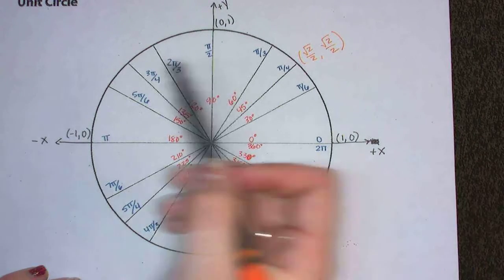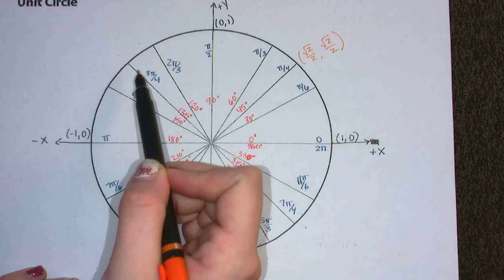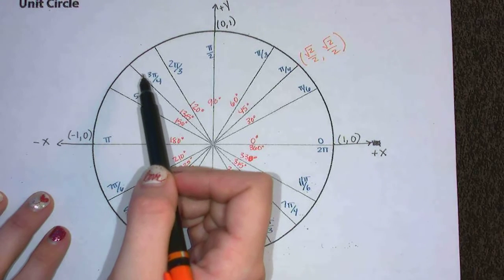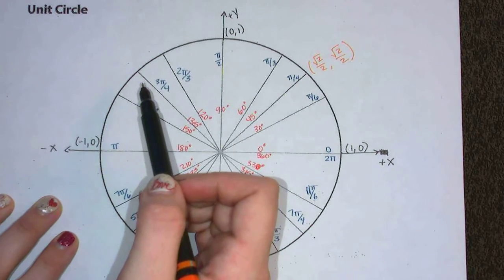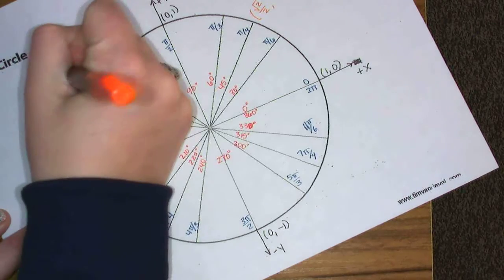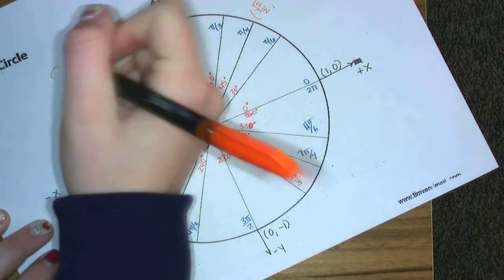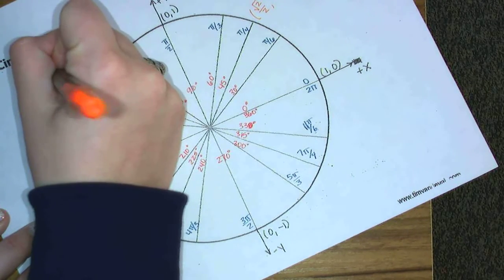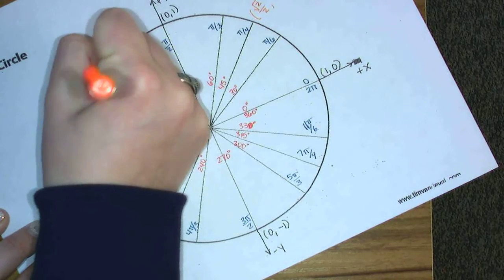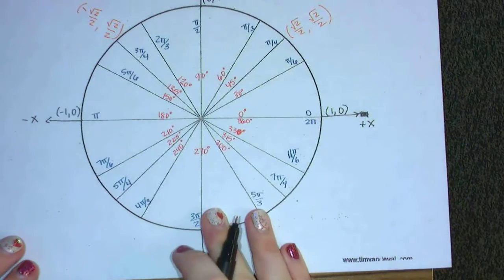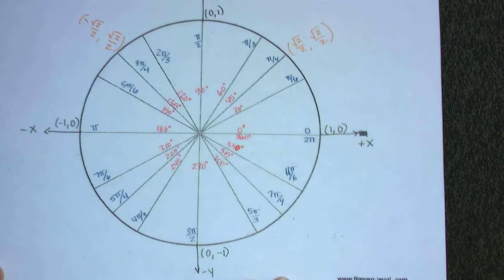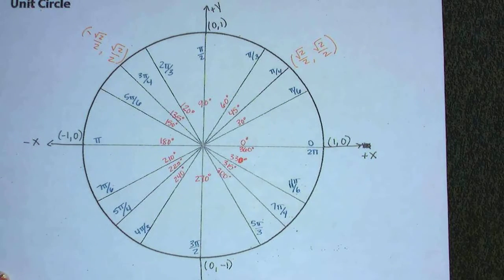Okay, so as I come over here to 3 pi over 4, what's happening to x and y? Okay, x is negative, y is still positive. I'm going to tilt it a little bit to be able to write these in as straight as possible. So negative root 2 over 2, root 2 over 2. How about down at 5 pi over 4?